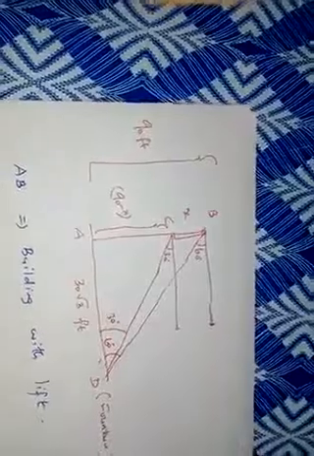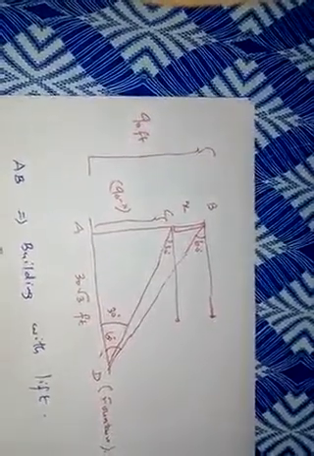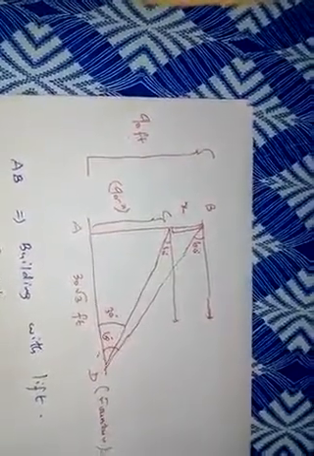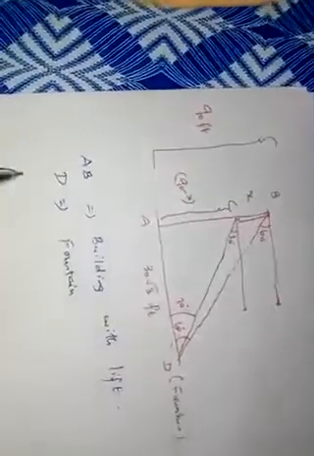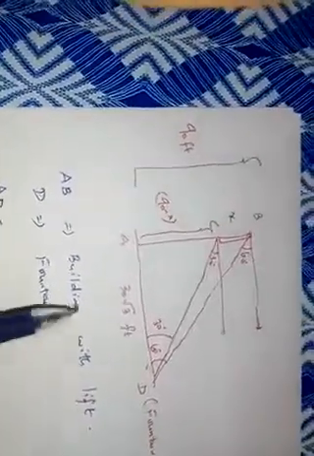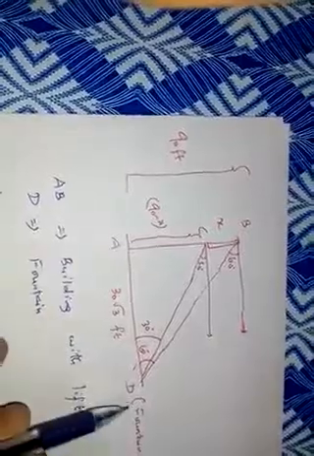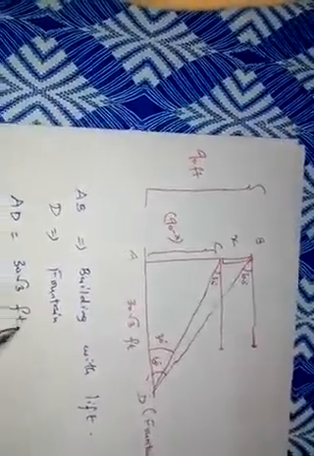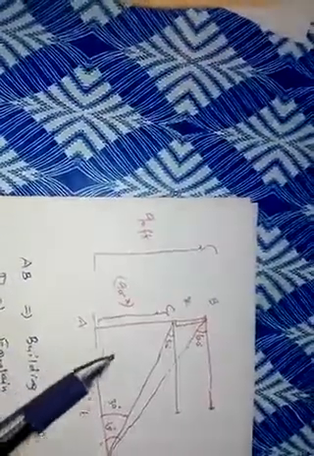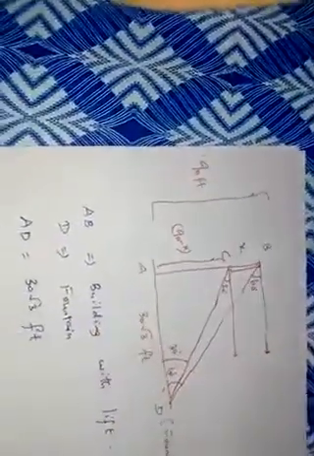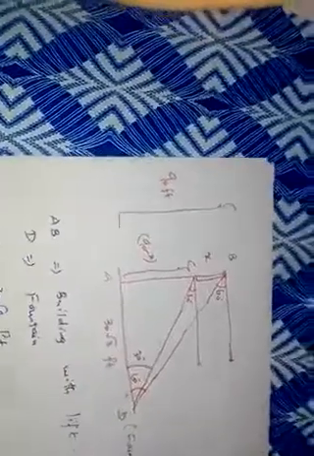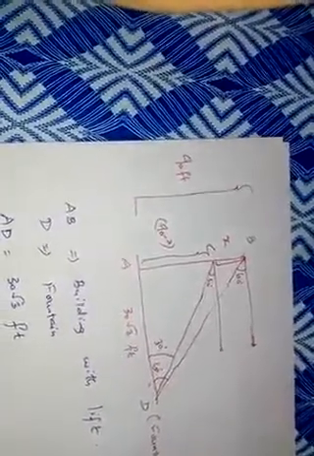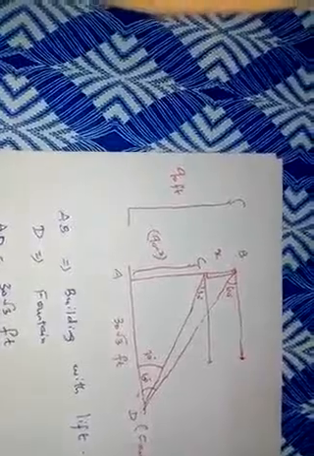What is the D? It is the fountain in the garden. So now what is the AD? The distance AD is distance between the building of the lift and the fountain, that is 30√3 feet. FT means feet. What is the height of the building? That is AB. AB is equal to 90 feet.